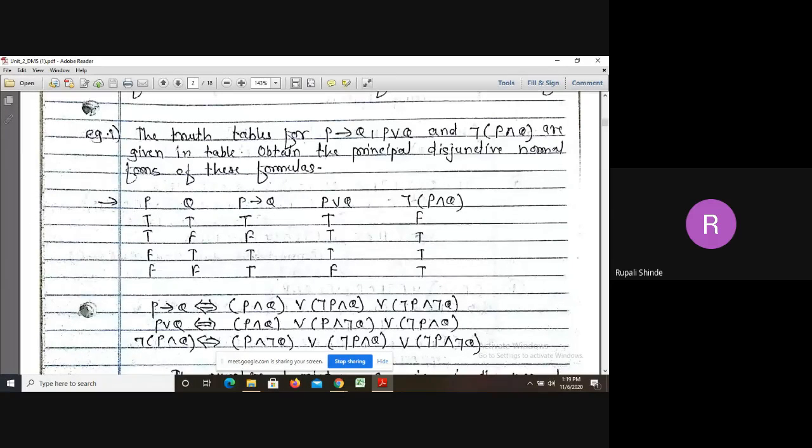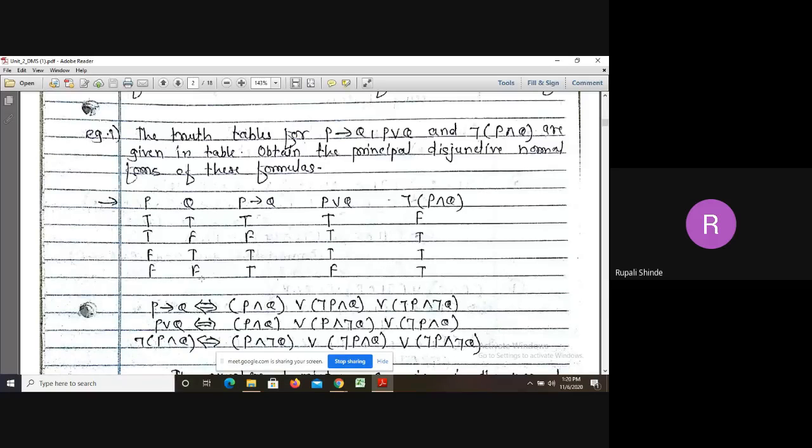So likewise, we have to check value for next T. So for this T, values of P and Q are F and T. So for this F, we have to take negation of that respective variable. That is negation of P. And value for Q is T. In short, we can take that Q in original format. So negation P and Q. Now for this last T, values of P and Q are F, F. Means what?